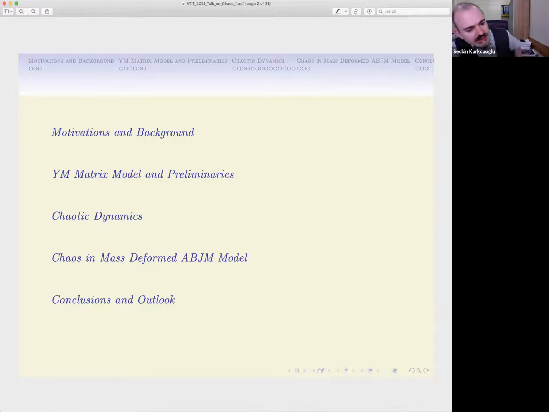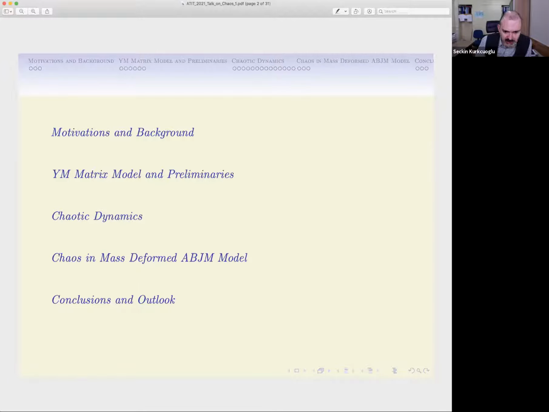So let's start with an outline. I'll start with some motivations and background. I will then tell you about the Yang-Mills matrix model and some basic features, or the preliminaries, of this model. We will then see how we are going to probe the chaotic dynamics emerging from such matrix models with mass deformations.